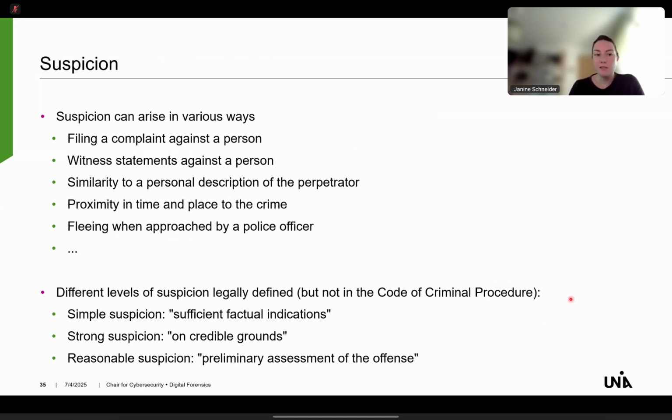And there are different levels of suspicion. For example, we have the simple suspicion, which would, for example, be fleeing when police approaches. We have a strong suspicion, and we have a reasonable suspicion. As you can see here, it's kind of difficult to differentiate these suspicions.